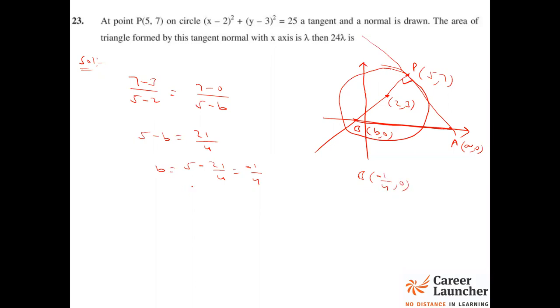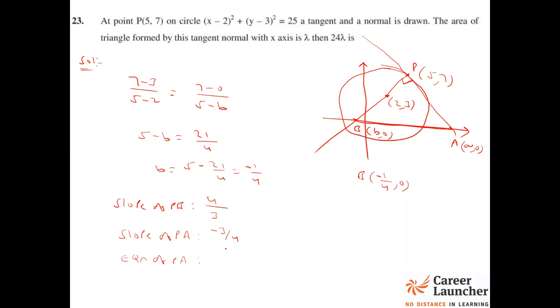Now the equation of the tangent at P. What is the slope of PB? It is (7 minus 3), 4 upon 3. So the slope of PA will be the negative reciprocal, minus 3 by 4. What will be the equation of PA?